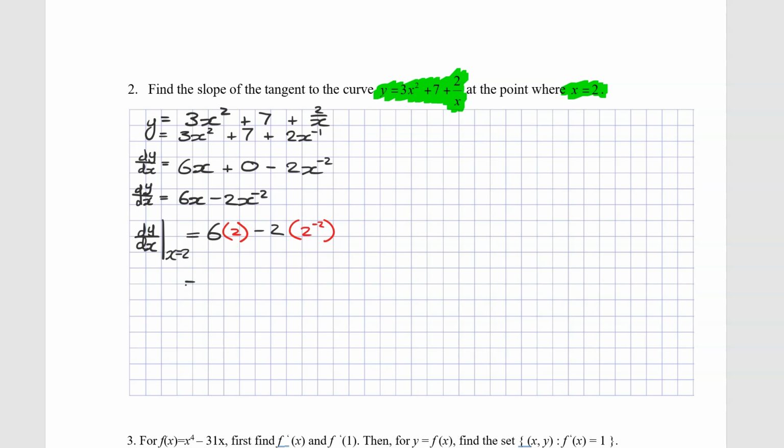Alright, too easy. Evaluating this, we're going to get 12 minus 2 over 2 squared. And then that will become 12 minus 2 over 4, which becomes 12 minus 0.5, which is 11.5.